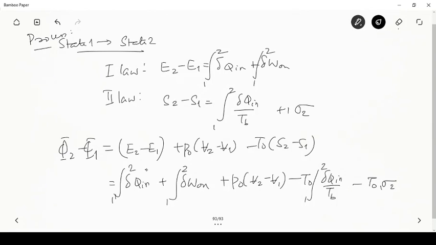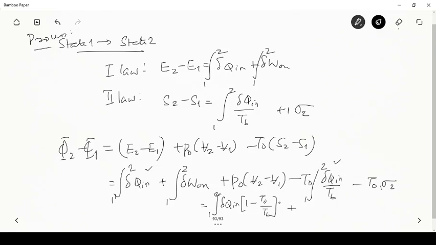If I combine these terms, I get the integral from 1 to 2 of delta Q in multiplied by 1 minus T naught by TB, because this is delta Q in into 1 and this is delta Q in into T naught by TB. Since T naught is a constant, and TB is also constant, I can take it inside.